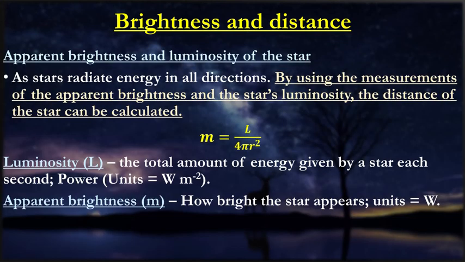So we have this nice little formula here that shows us. We have M, which is the apparent brightness. Okay, we have capital L, the luminosity, so how much energy is being given off by the star, and then we have 4πr². Now that's obviously just the surface area of the sphere around the sun, or any star that we see.